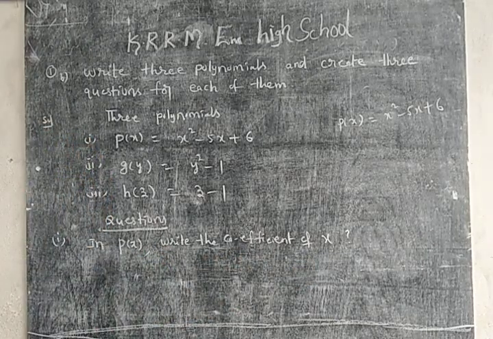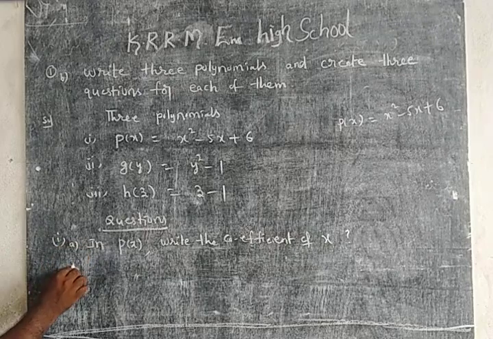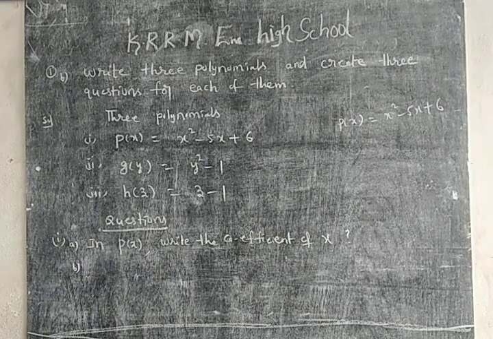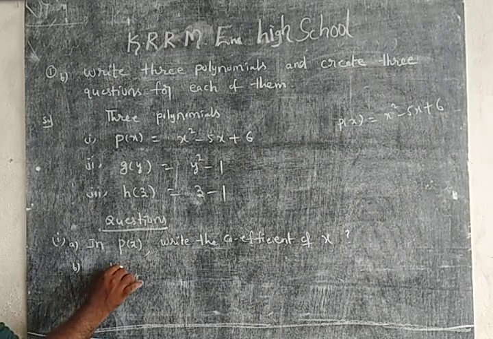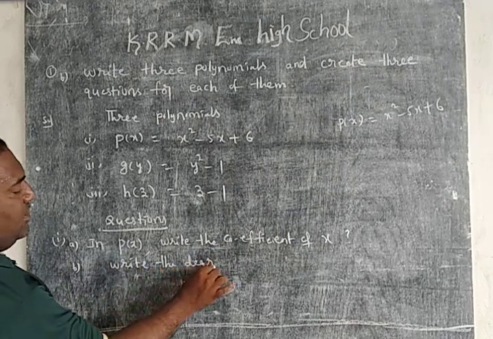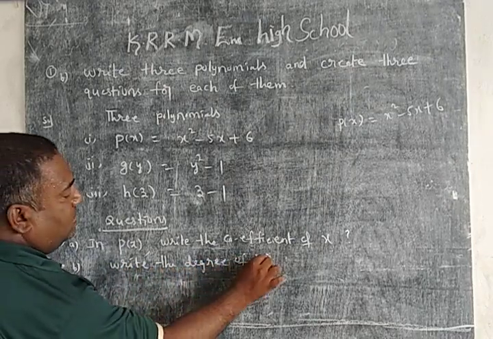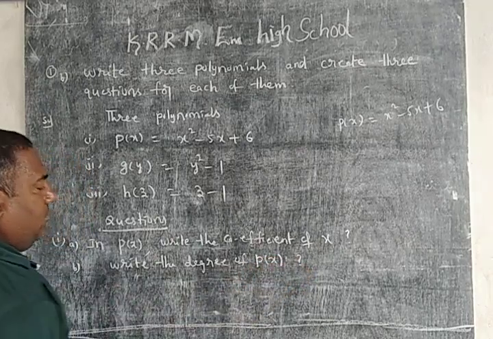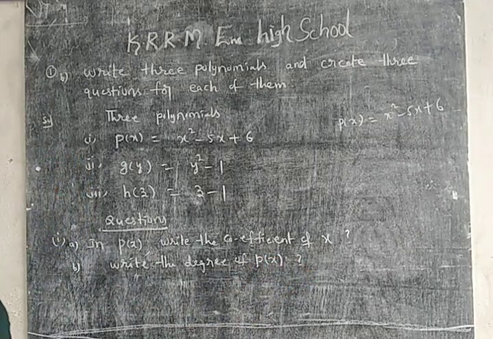So that is one question. Then B: write the degree of p of x. It is one more question.